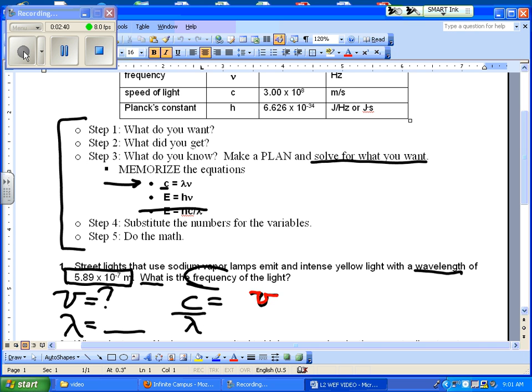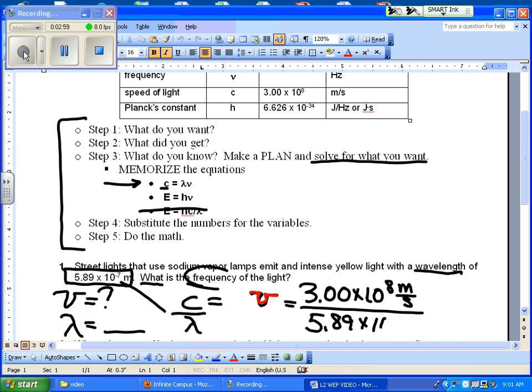And then I'm going to do step 4, substitute in the numbers for the variables. Okay, C is the speed of light. It's always 3.00 times 10 to the 8 meters per second. The wavelength is what I got. So that's going to be 5.89 times 10 to the negative 7 meters. Okay.